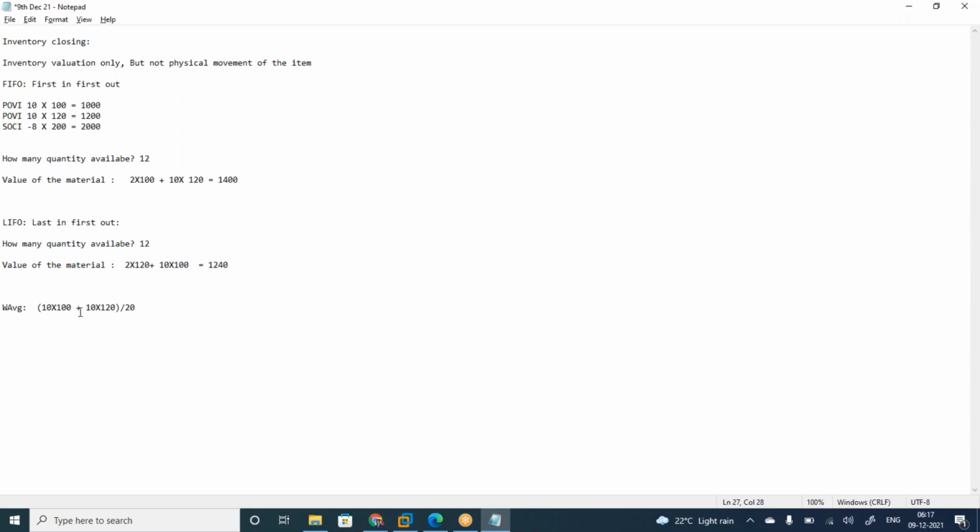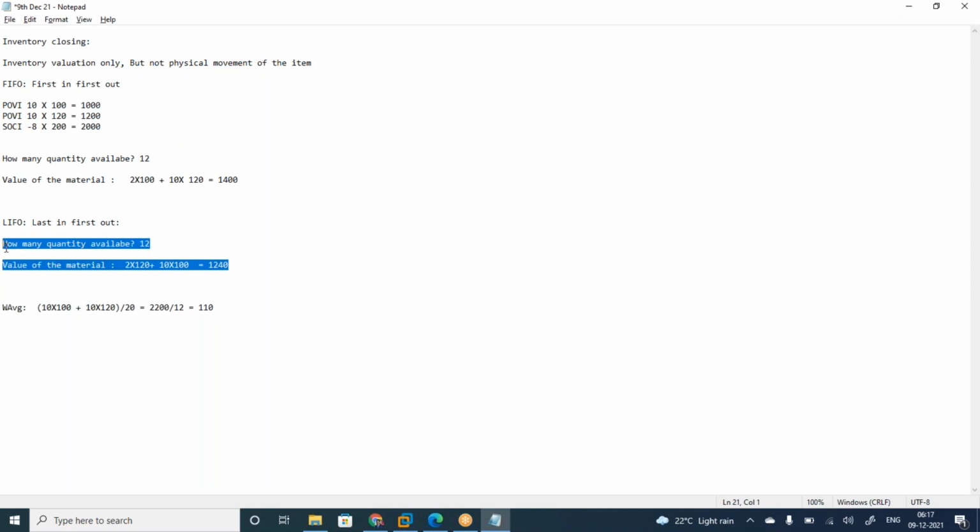This is total value divided by total number of quantity. So it is 2200 divided by 20. It is 110. So this is per piece. For each item, it is 110.